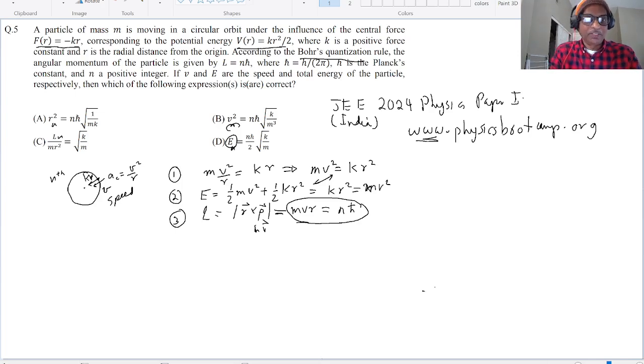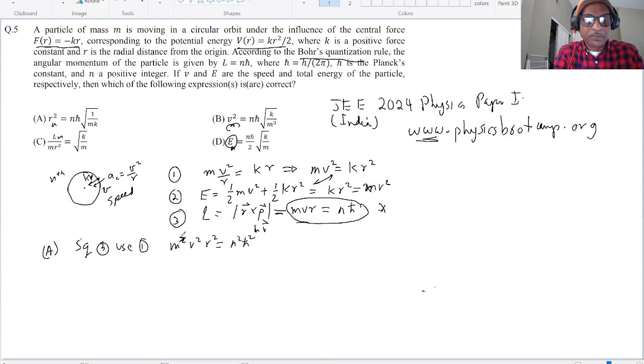Let's start from A. To check A, I have to get r square somehow. You use the quantization rule and square both sides, so I square equation 3 and then use equation 1. M square, v square, r square equals n square h bar square.